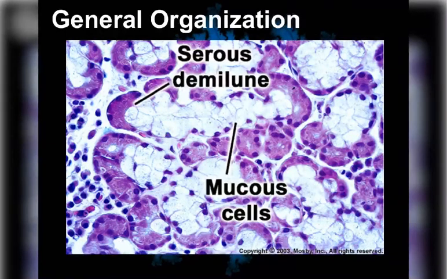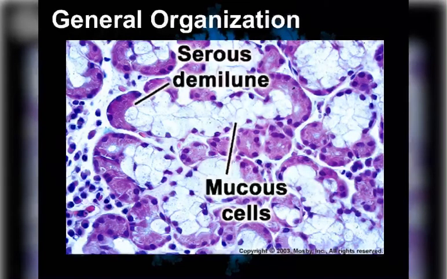But mucus cells appear foamy because inside each cell we have many vacuoles, and the vacuoles are filled with carbohydrate-rich, highly glycosylated mucin.